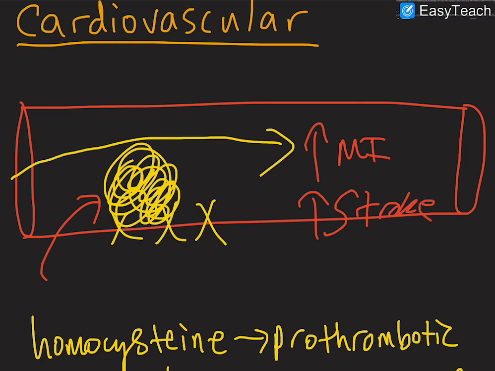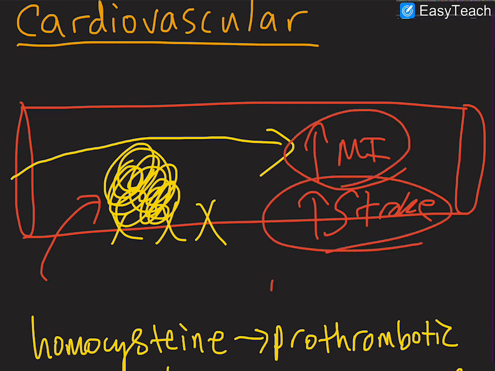So strokes, MIs, and even atherosclerosis. Increased homocysteine levels increase your risk of getting heart attacks, strokes, and atherosclerosis, because if you damage the endothelial lining, that can also increase plaque formation.